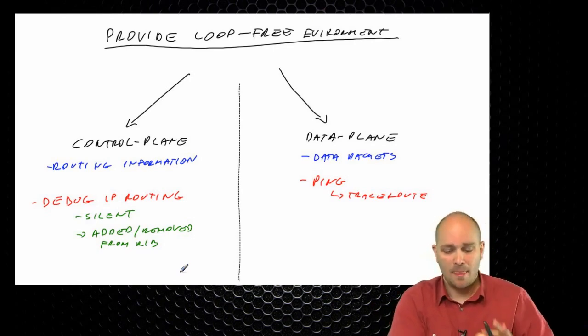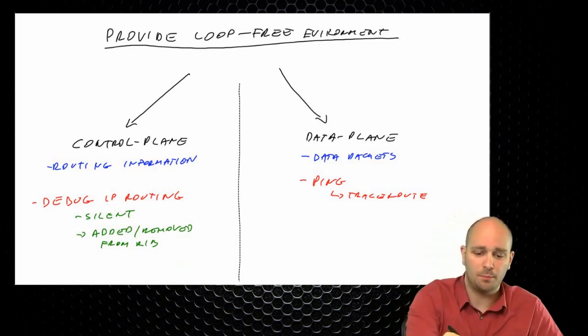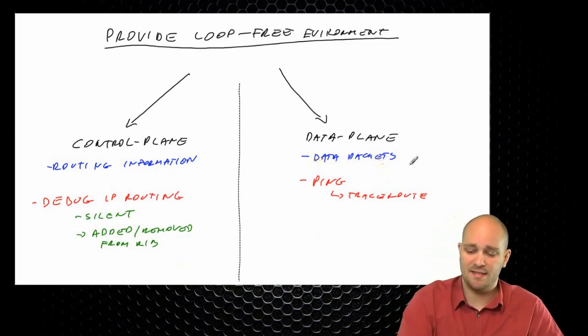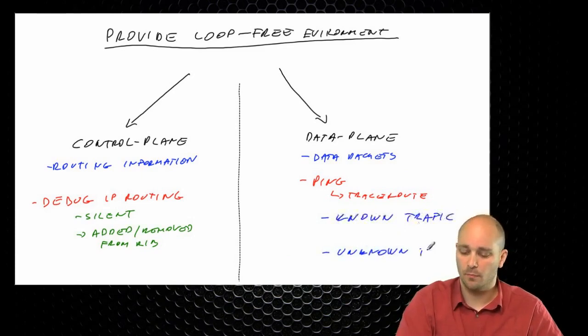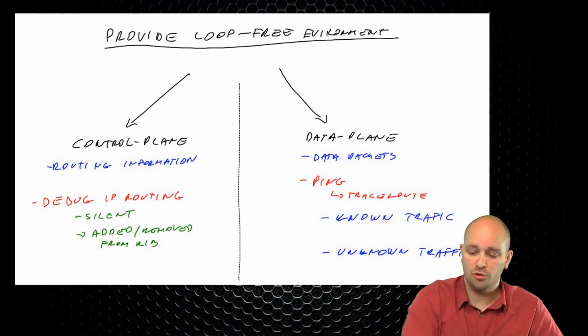Now, going back to data plane loops, the data packets that might be looping are for known traffic and for unknown traffic. Now, what do I mean by that? The known traffic is the traffic for which you have the routes.